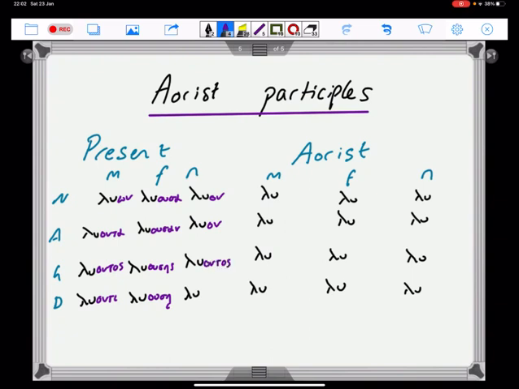I've only put the singular in because I'll put all the endings for these up on Canvas. The present are up on chapter 19. I'll put the aorist up on chapter 20. So this is for demonstration purpose rather than for completion's purpose.